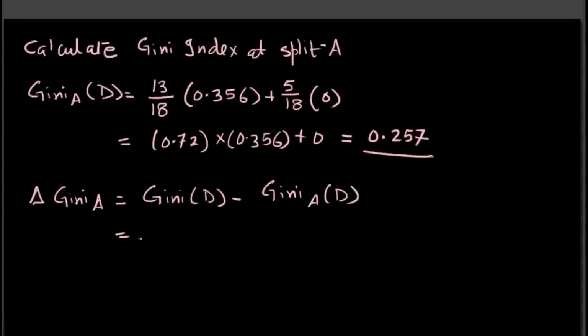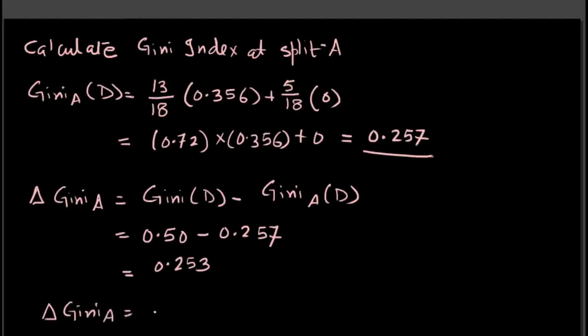So 0.5 minus 0.257, which comes around 0.243 actually. Change in Gini with split A is 0.243. Please correct it.